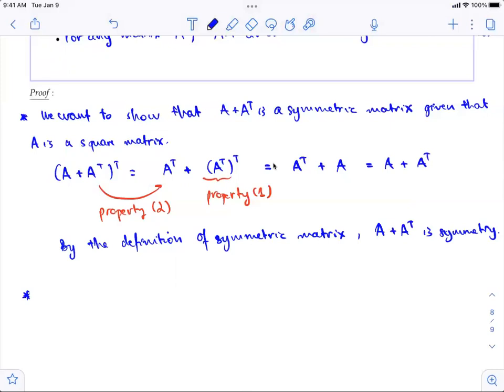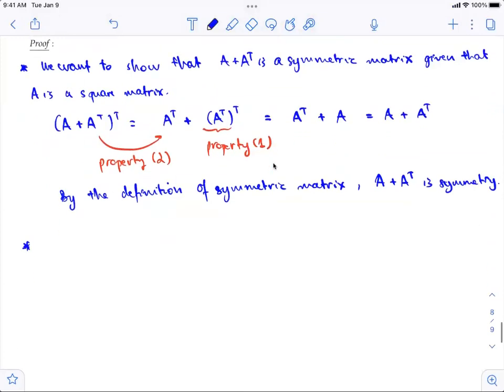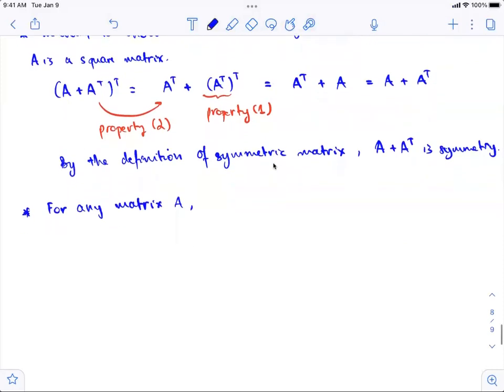Now for the second statement, we don't have to have any specific dimensions for A. So in this second statement, the matrix A is of any size. For any matrix A, we're going to take the transpose of the product A times A transpose. This is going to give you A transpose transpose times A transpose.